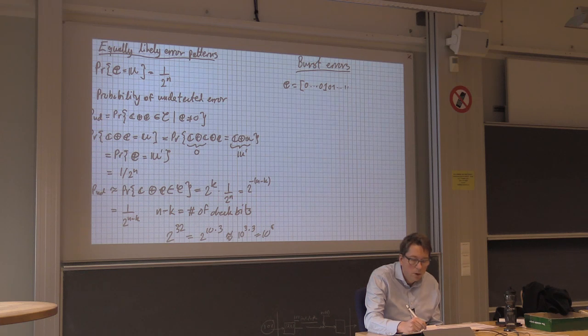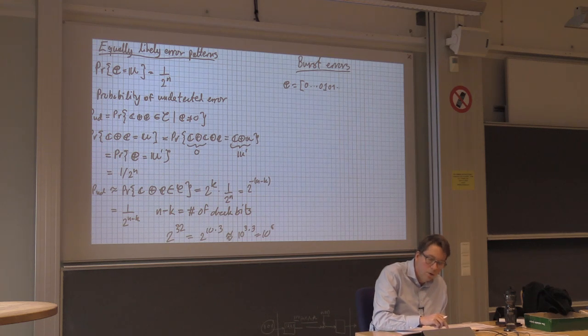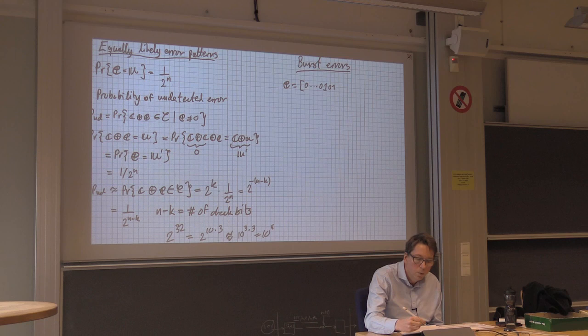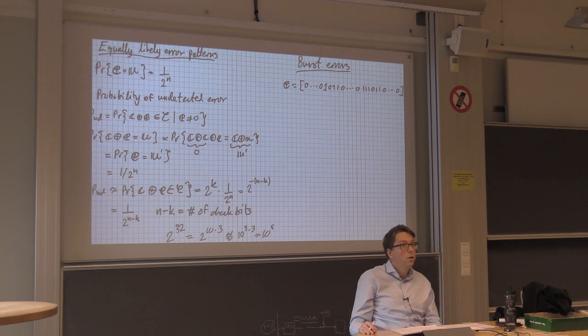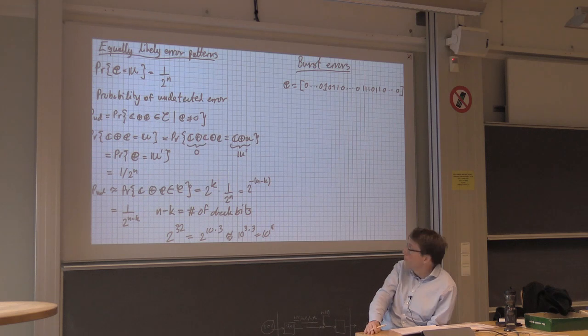Let me do this more explicitly. Suppose we have here 0, 1, 0, 1, 1. So we had an error, no error, 2 errors in succession, and then we have no error, and we keep on having no errors for a while, and then we have maybe an error event again, 1 here. And then there are 3 consecutive errors, 1 with no error, and then 2 consecutive errors, and then 0 again, and keep on being 0 for the rest of the error pattern here.